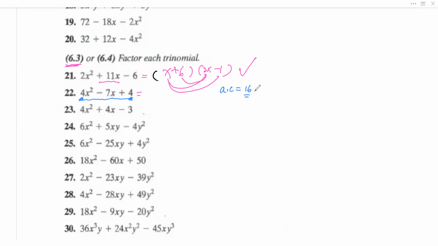If we find numbers that give negative 7, both numbers should be negative, right? So we can have negative 1 and negative 16, negative 2 and negative 8, or negative 4 and negative 4. Here is negative 17, here is negative 10, here is negative 8. So there's none that matches negative 7. So this one cannot be factored for the current step. So this is prime.